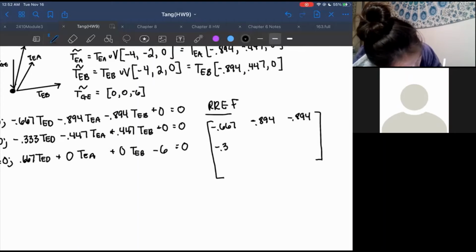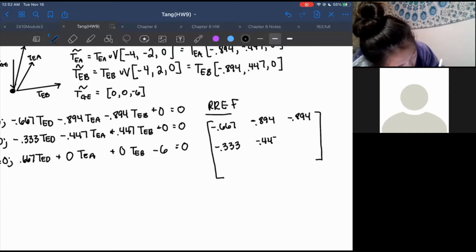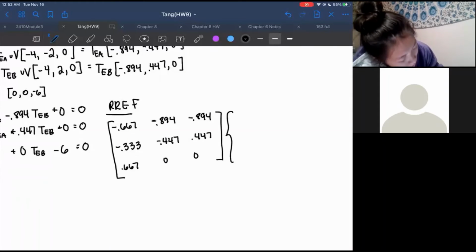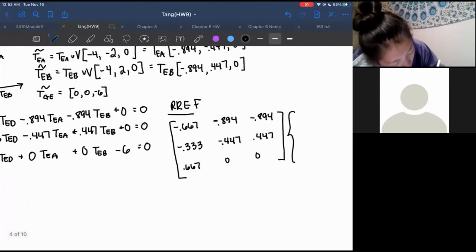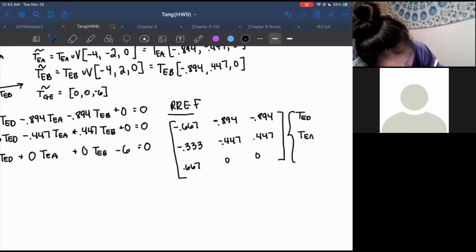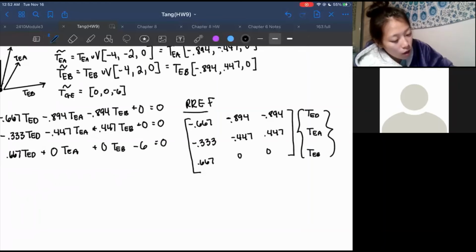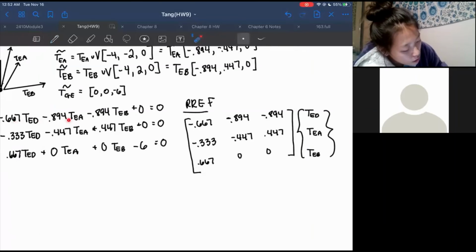Negative 0.333, negative 0.447, positive 0.447, 0.667, 0, 0. TED, TEA, TEB. So make sure when you're making your matrix, you read across from left to right.